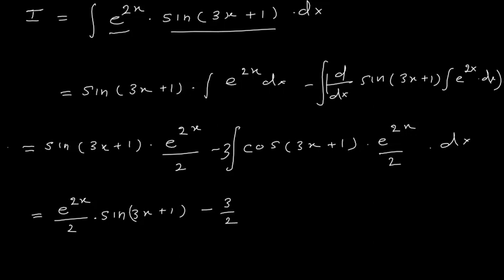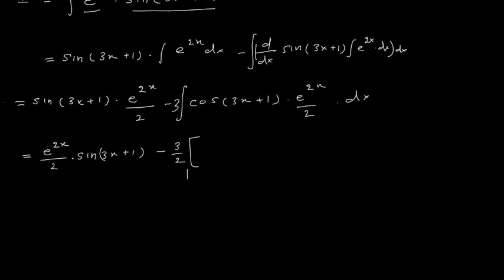Now this is outside, and here we are going to use the u into v method again. So I will write cos(3x+1) into the integration of e^(2x).